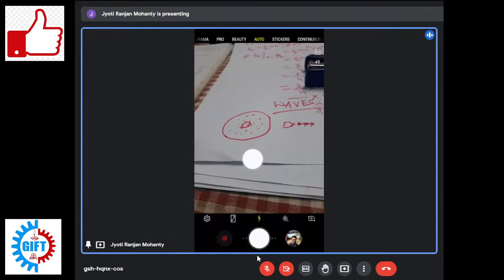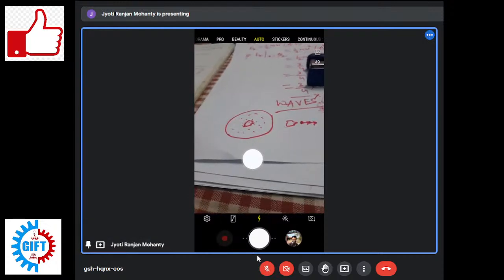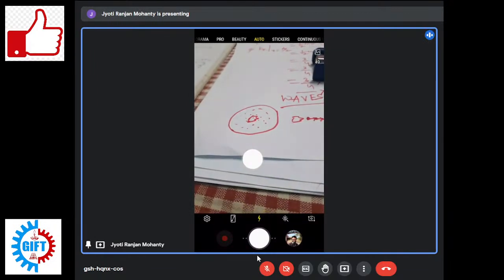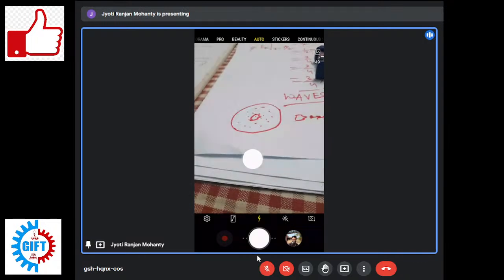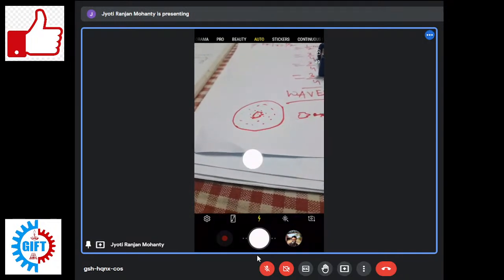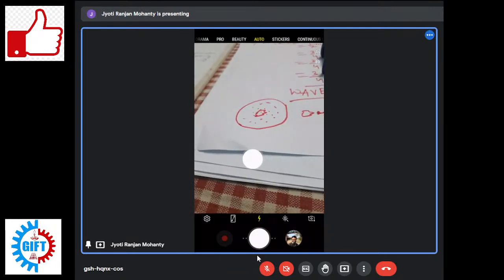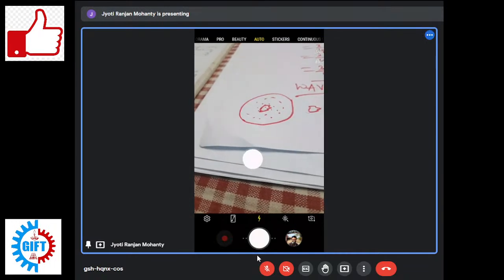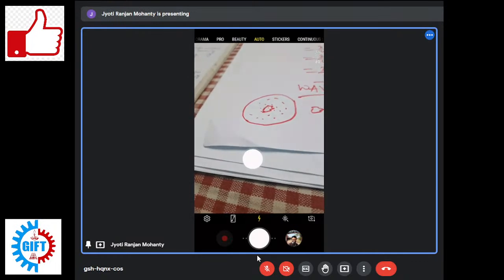Okay, thus we can say during the motion of a wave, the particles of the medium execute vibratory motion about their mean position due to the property of elasticity and inertia of the medium. So, wave motion is a form of disturbance.